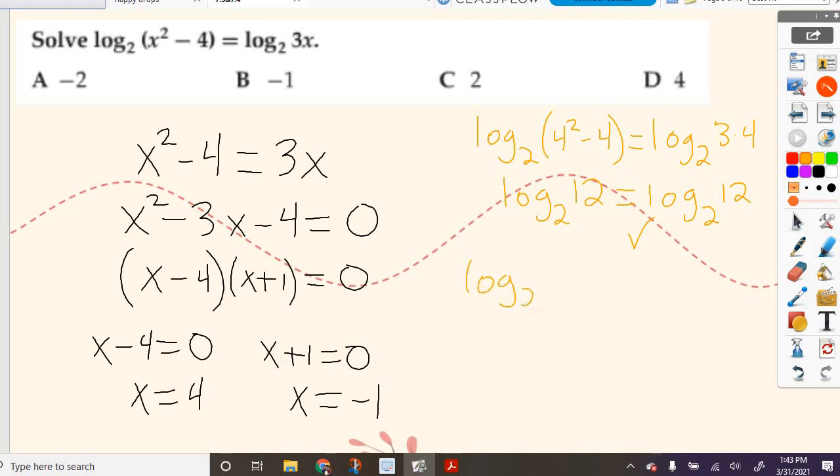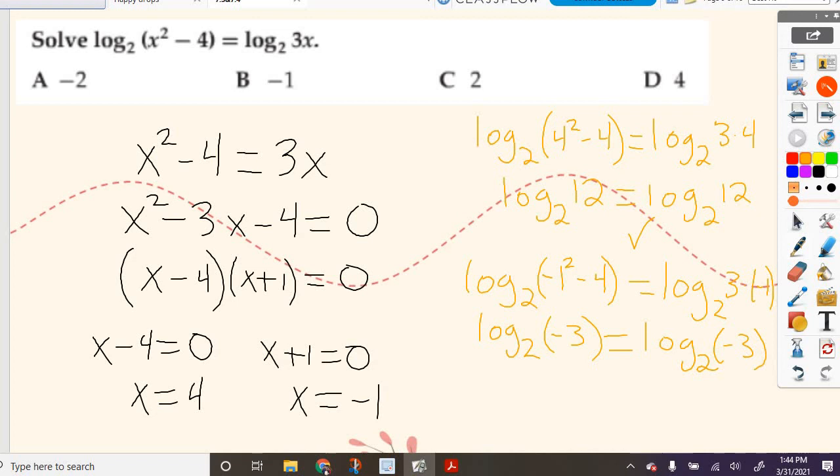So again, I'm going to go in and say, okay, log base 2 of -1 squared minus 4 equals log base 2 of 3 times -1. So -1 squared is going to give me 1. 1 minus 4 is -3. And then -1 times 3 also gives me a -3.